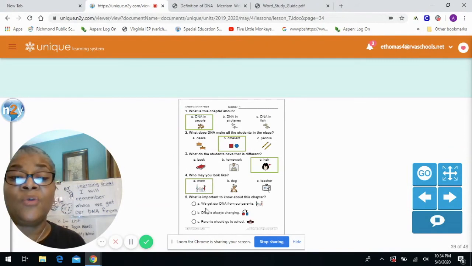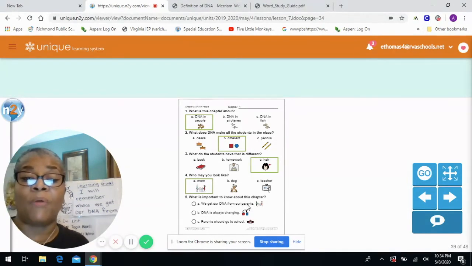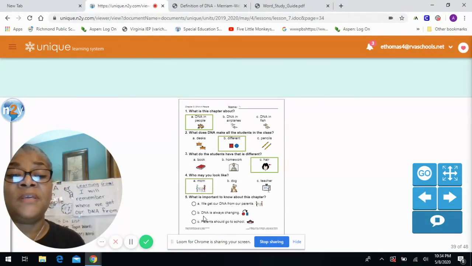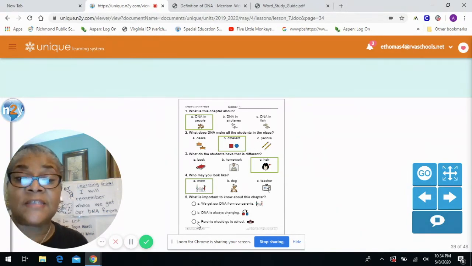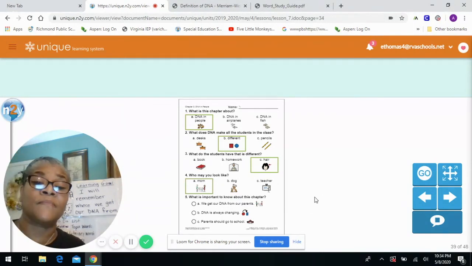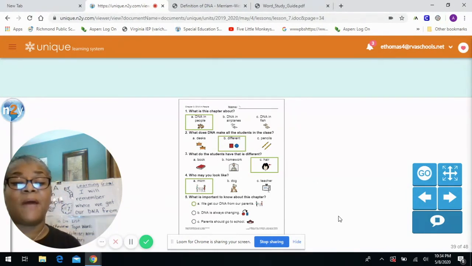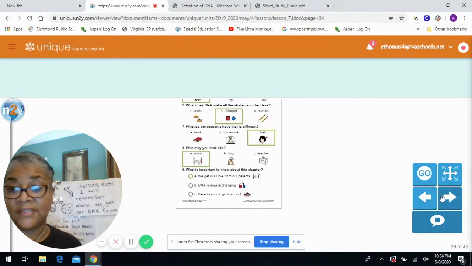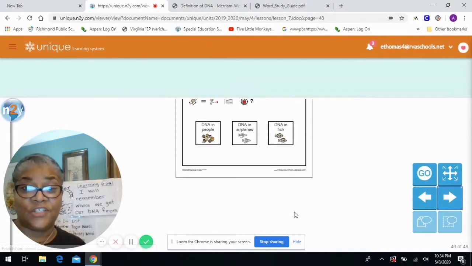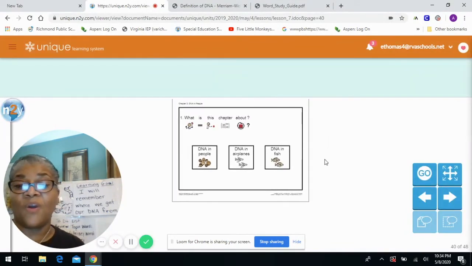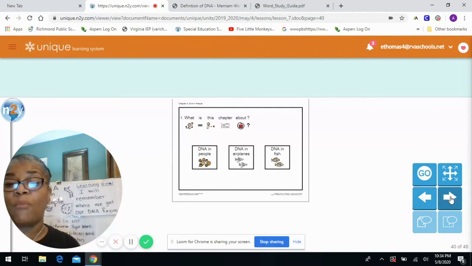Is it A, we get our DNA from our parents? B, DNA is always changing? C, parents should go to school? Which one is it? A, we get our DNA from our parents. Good job.